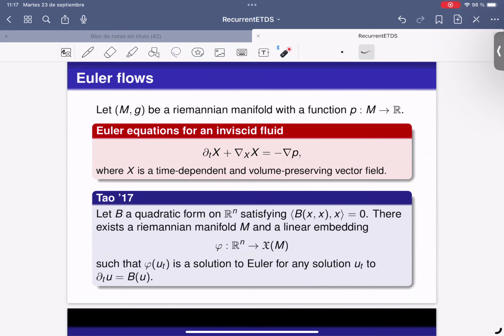These equations model the motion of a perfect fluid with no viscosity moving in M, constrained to the pressure P.